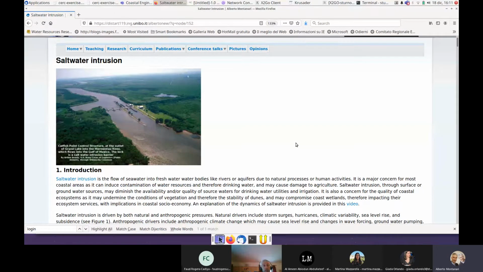If groundwater gets salted, of course, it cannot be used anymore for civil use.